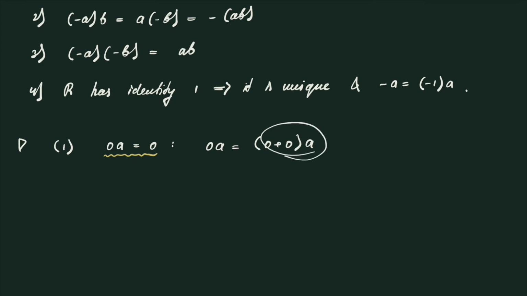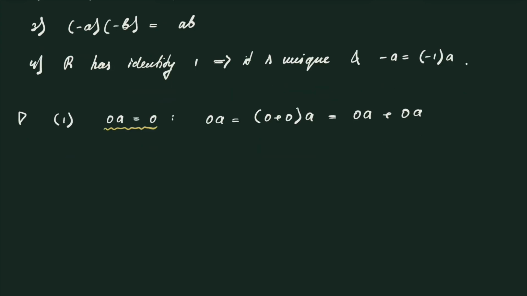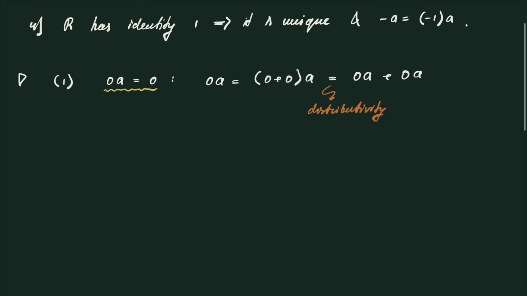And here by the distributivity law, we have 0 times a plus 0 times a. So in the end, we got 0 times a is equal to 0 times a plus 0 times a.